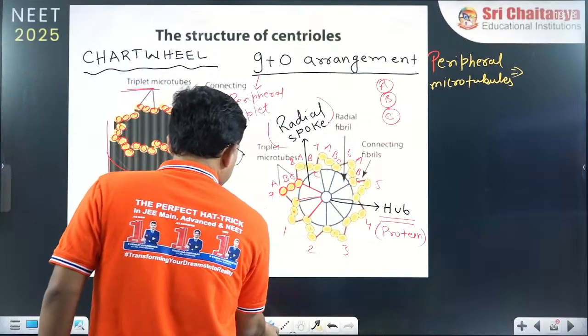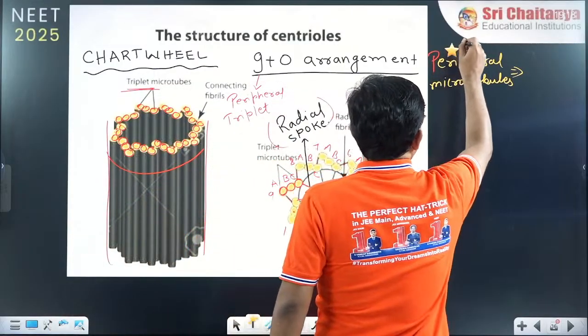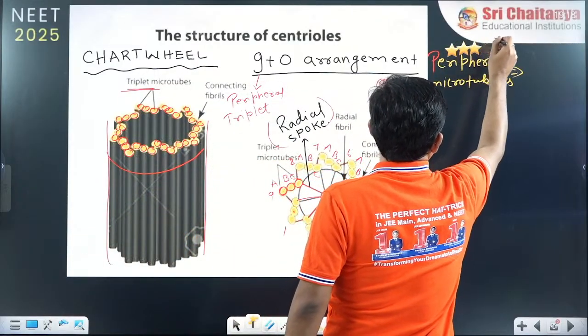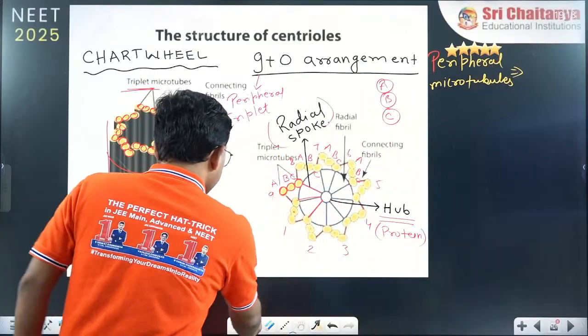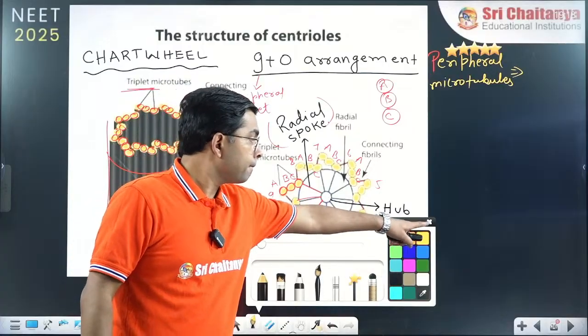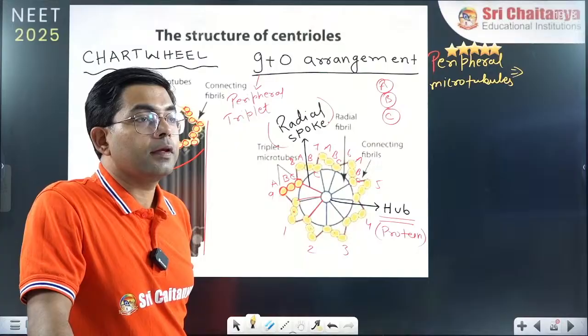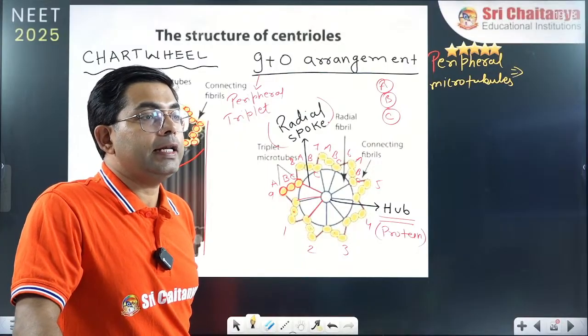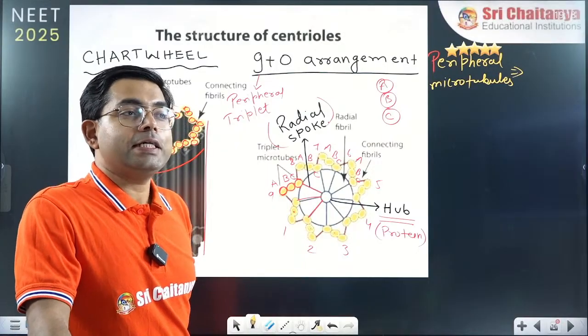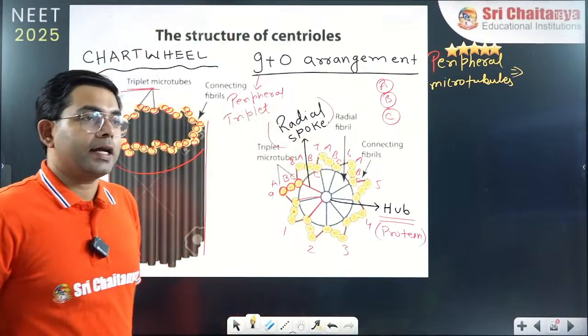Let me see how many of you can answer it. Okay, Pinky, Khalil telling 9. Okay, see, 9 triplets, yes, Tanish has given the correct answer.